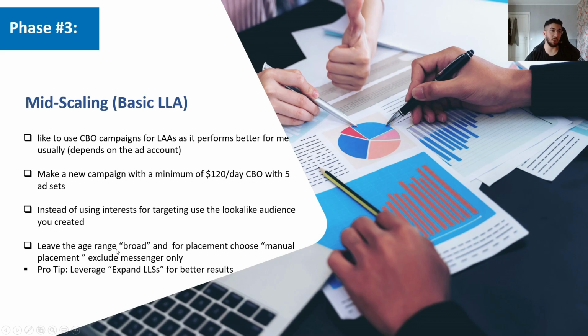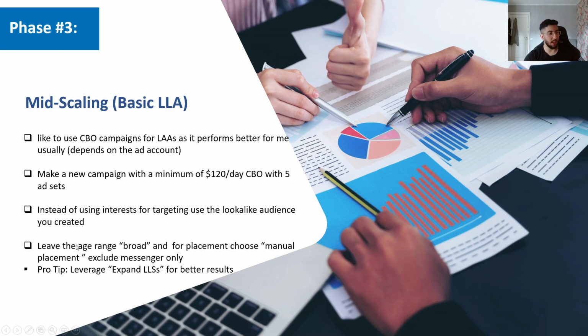Since you have made lookalikes, Facebook is going to show it to your age range no matter what age range you gave them. For example, if your product is only for 18 to 30-year-olds and you put your age range 18 to 65, Facebook will only show them to that age range because your lookalike audience is built on that, so age range doesn't matter here.